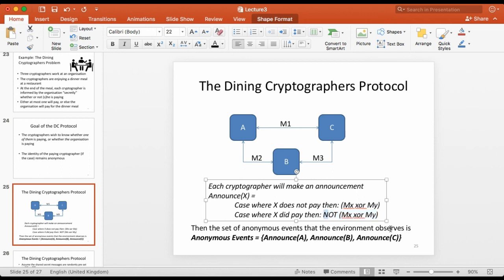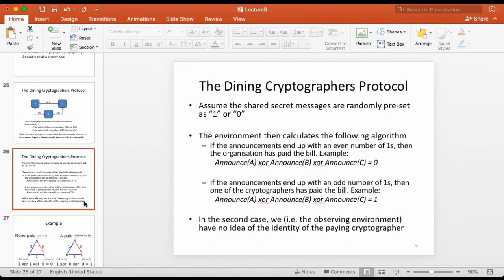Okay, so notice the not here, or the negation of the result of XORing these two messages that they know about. And the set of events that are then produced to the external environment is the three announcements made by A, B, and C.